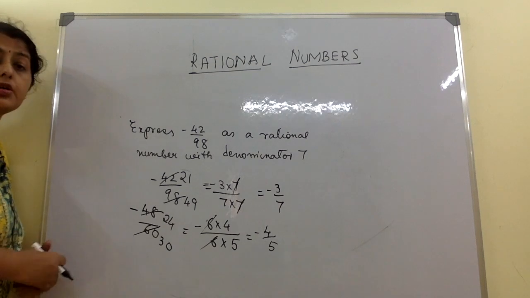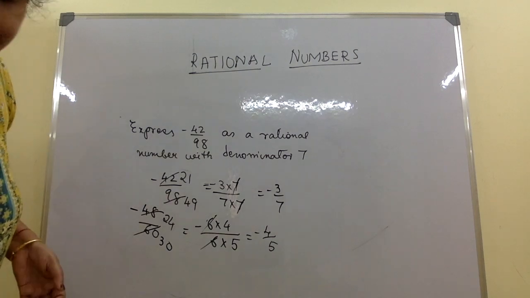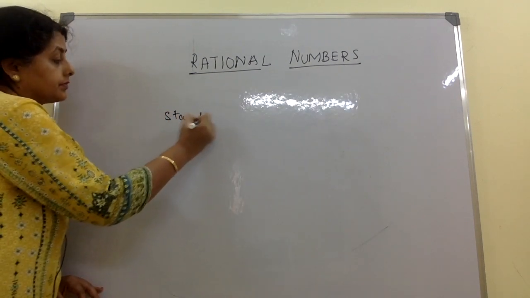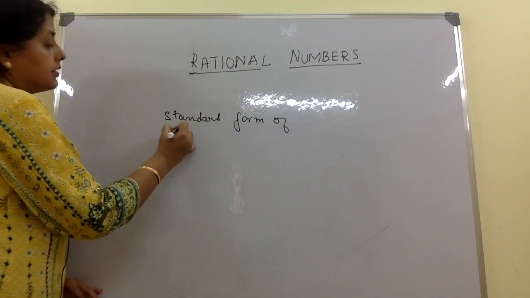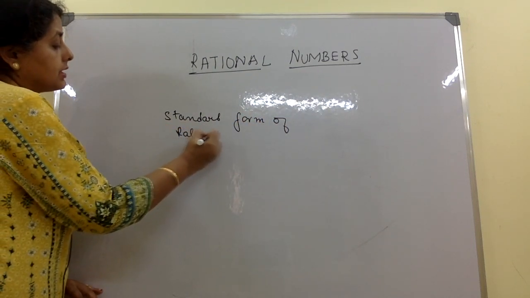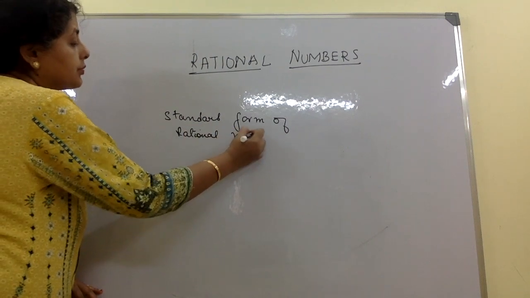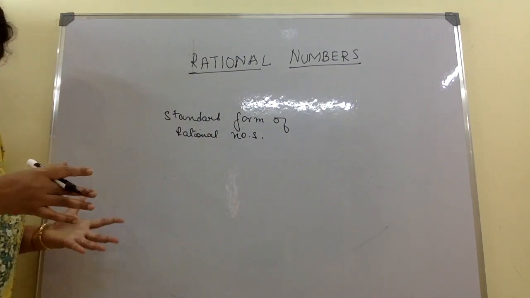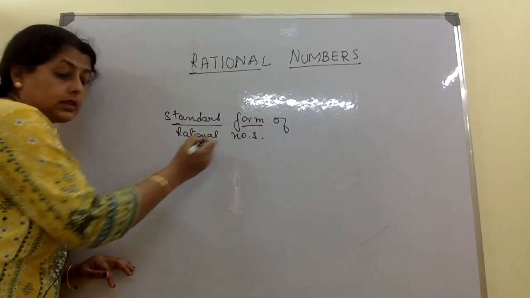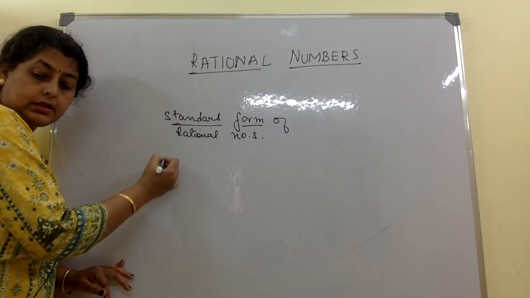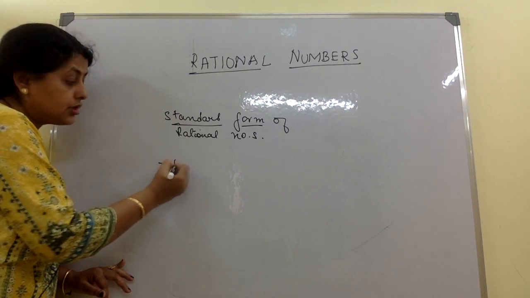Now there is something called standard form of rational numbers. What is standard form of rational numbers? Supposing I have minus 12 by 30.